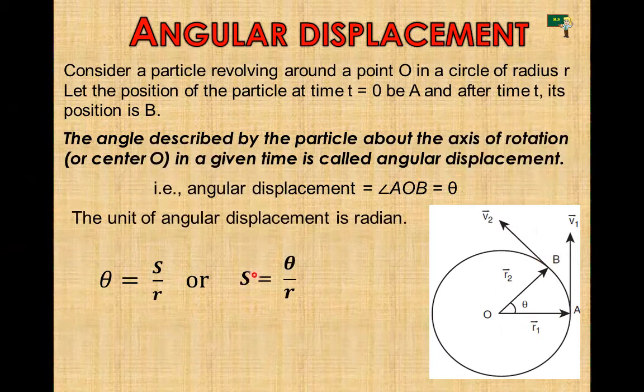So if you want to find the displacement of the particle when it moves around the circle, you divide by the radius of the circle, and that gives the angular displacement of a particle.